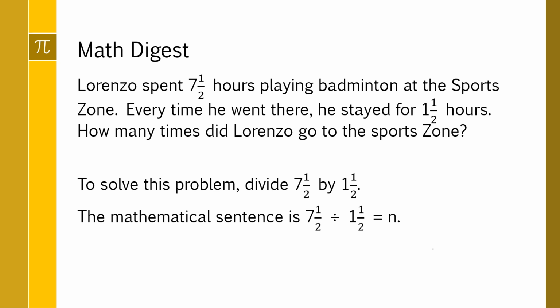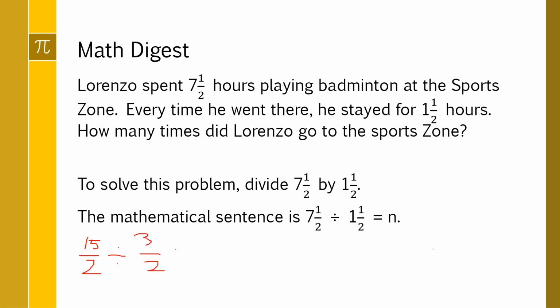Let's first transform 7.5 into a mixed number. 2 times 7 is 14 plus 1 is 15. It's 15 over 2. Then divided by 1.5, which is 2 times 1 is 2 plus 1, 3. That's 3 over 2.